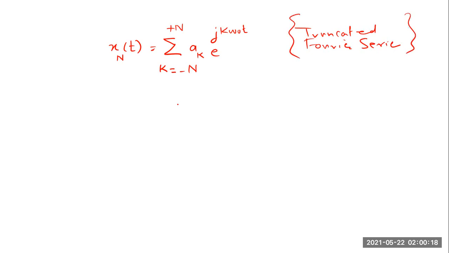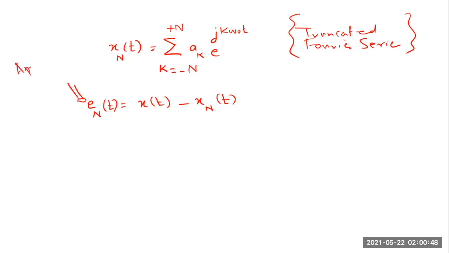Because we are not taking all of the terms, there will be a difference between the actual signal, which is x of t, and the signal that we get by taking a finite number of terms. We can call that difference the error. So I'm calling this signal e sub N. What is this representing?